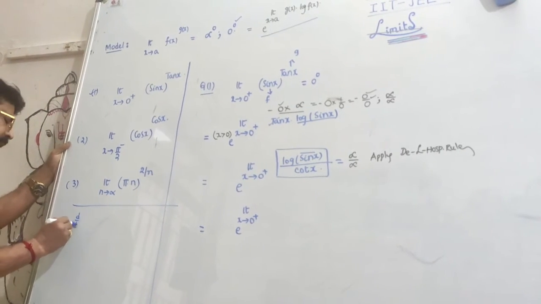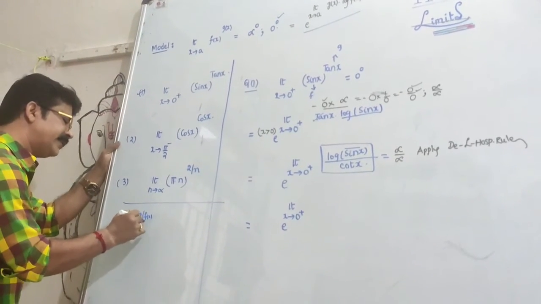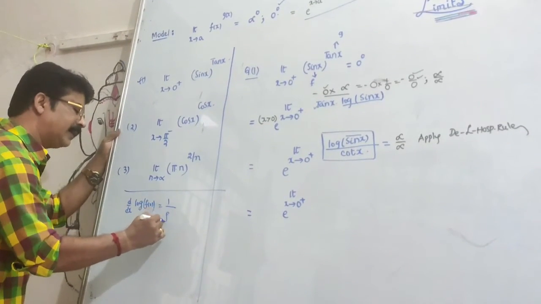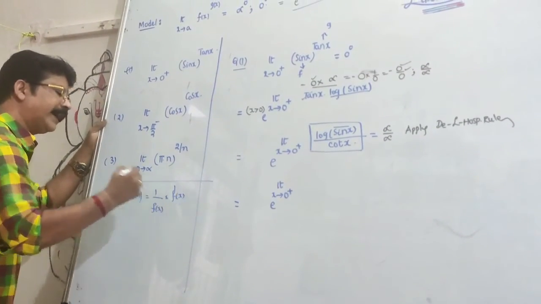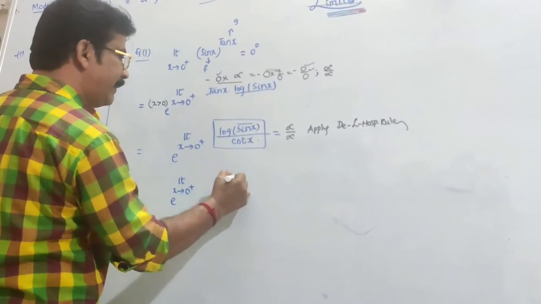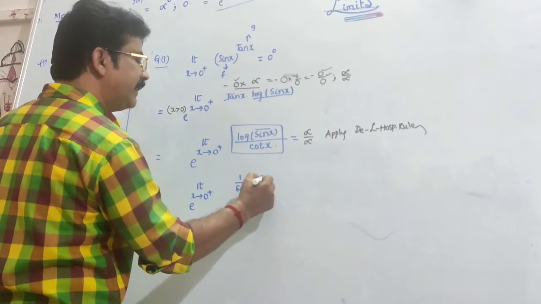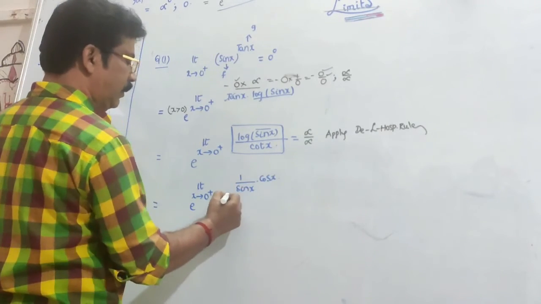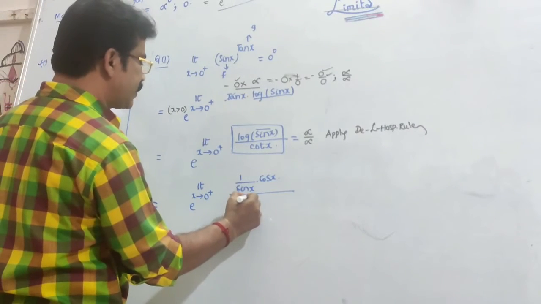D by dx of logarithm of f of x is equal to 1 by f of x into f dash of x. Using that, 1 divided by sin x, d by dx of sin x is cos x, divided by d by dx of cot x, minus cosecant square x.